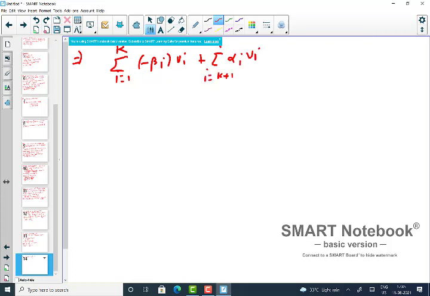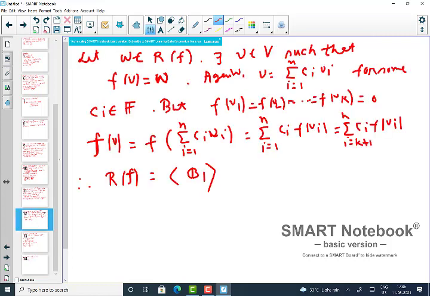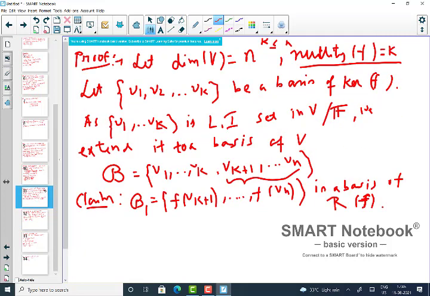But you know that v1, v2, up to vk, and vk plus 1 up to vn, this B, the original basis, is the basis of the vector space V. So these vectors are linearly independent, right? Because this is a basis.